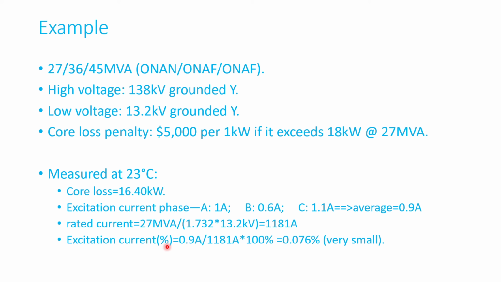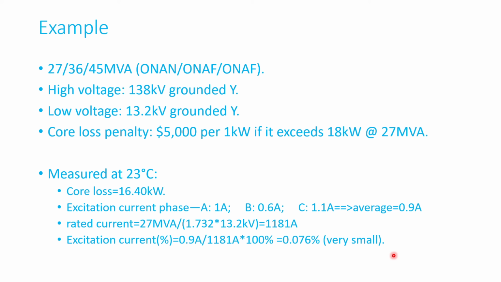Excitation current in percent: you take the average 0.9 amps divided by the rated current, so it's about 0.076%. So excitation current is very small, and that's because we're using an iron core, which is a magnetic steel basically. So it takes less current to excite the core.